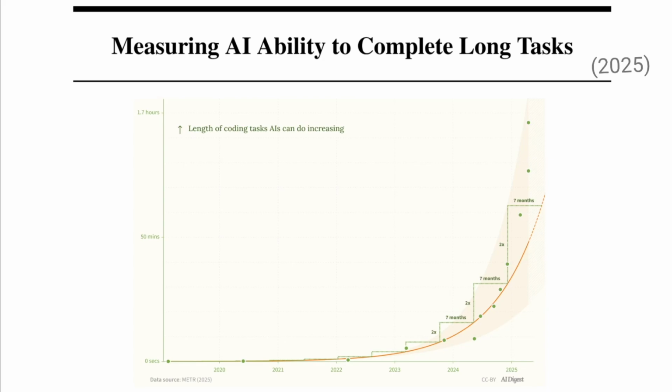And the doubling time for this, if you fit to all of the data, is 7 months, right? So roughly every 7 months, the length of time over which models can coherently, successfully perform tasks doubles. So at the moment, for frontier models, it's around an hour for success. 7 months after that, or after this paper was published, 2, then 4 hours, then 8 hours, and so on and so forth, right? So it doubles every 7 months.